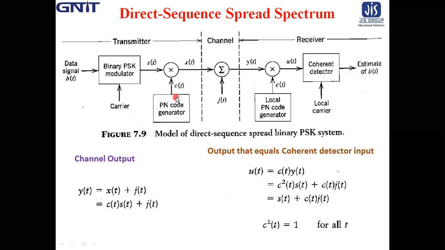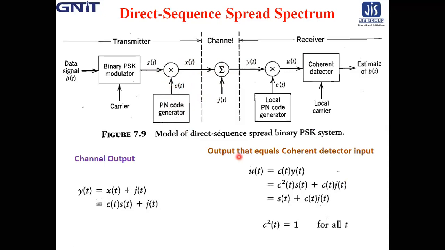Now this figure is a model of the direct sequence spread binary PSK system. See the channel output, that is y(t), which is basically x(t) plus j(t). Now x(t) is basically the multiplication of s(t) with the wideband PN signal, that is c(t).